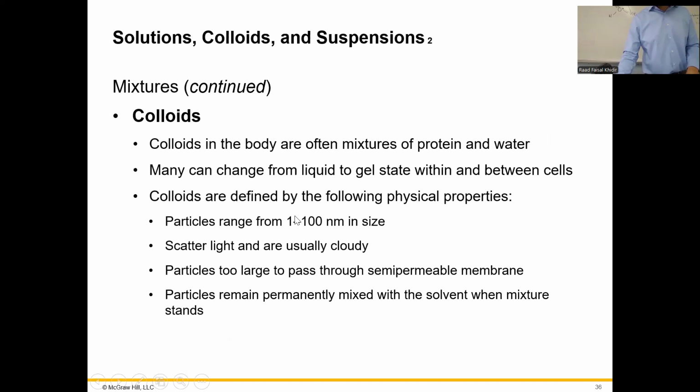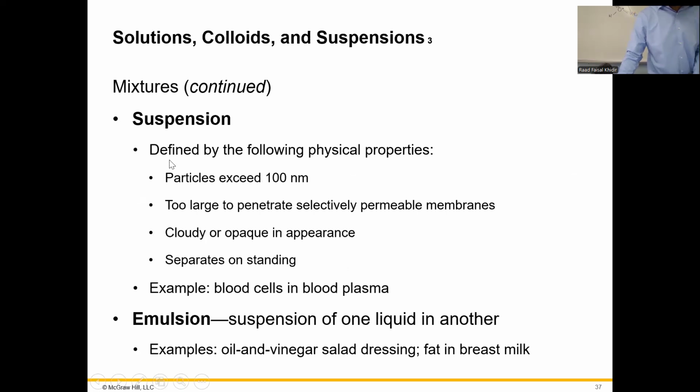The particles range from 1 to 100 nanometers in size, and they scatter light and are usually cloudy. The particles are too large to pass through the semipermeable membrane, and they remain permanently mixed with the solvent when the mixture stands.